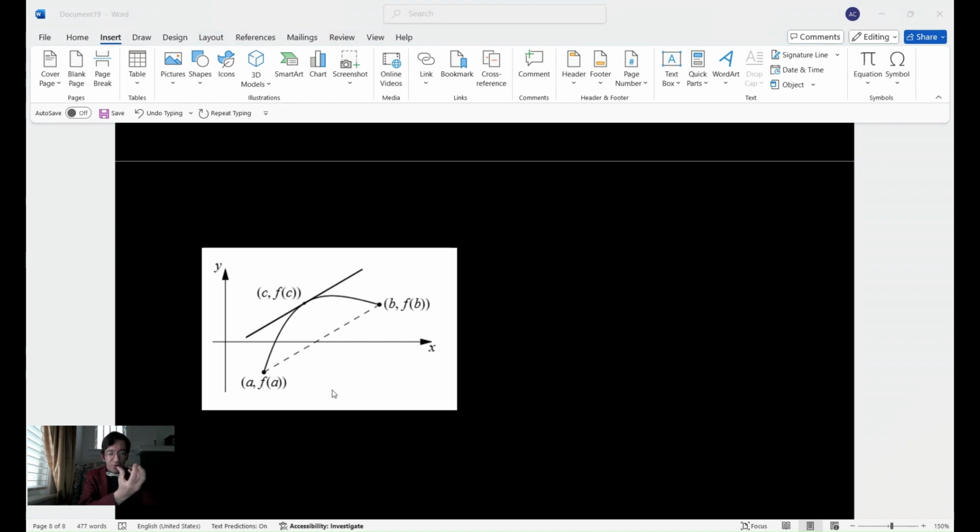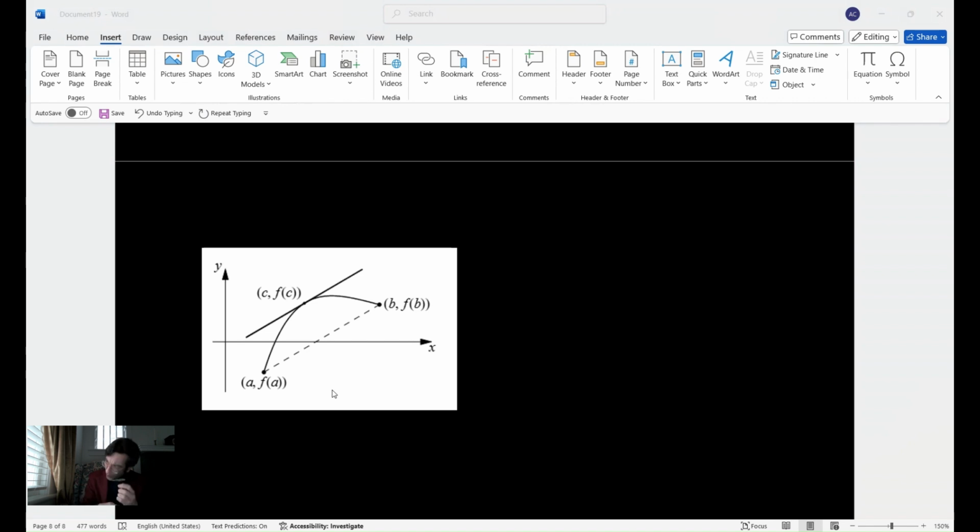If you sort of tilt your head and pretend that the x-axis runs through (a, f of a) and (b, f of b), you can get the idea that we should be able to find a point c, an element of (a, b), such that the tangent line is parallel to the new x-axis.